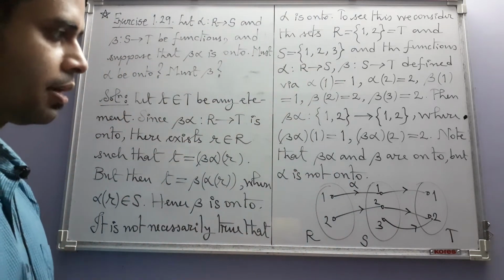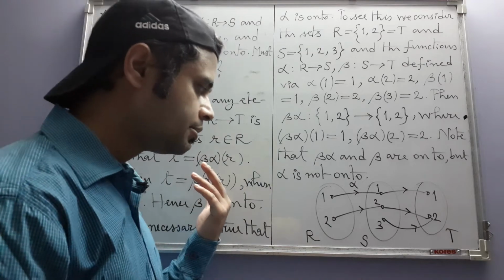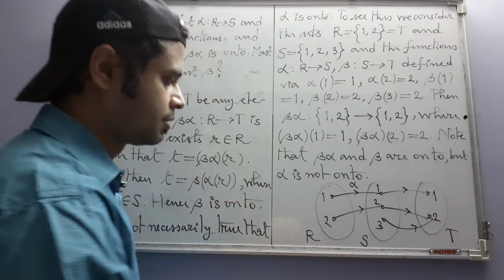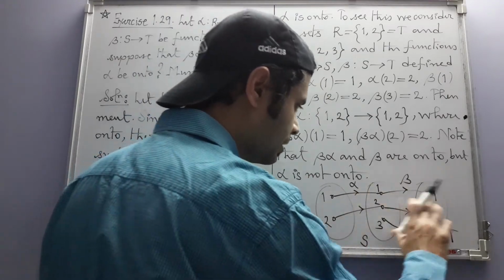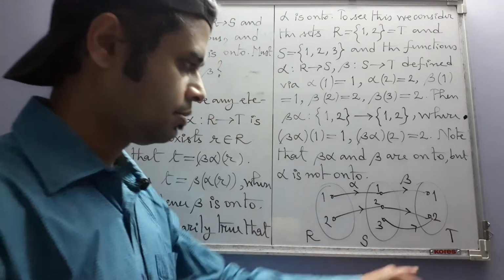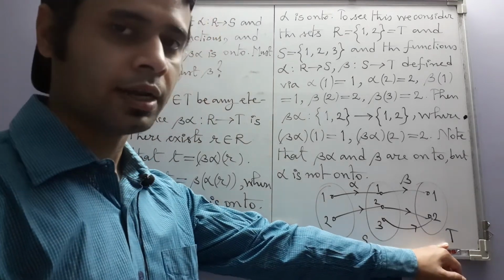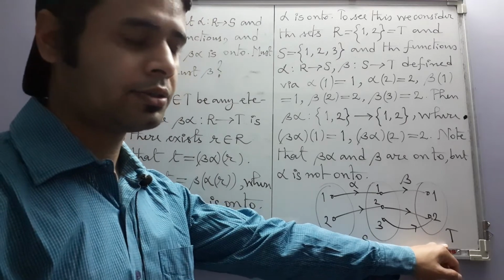So from this map, without being too specific, you just see at once and you notice that beta is onto. No element in T is left out. No element is sitting there alone, unattacked.